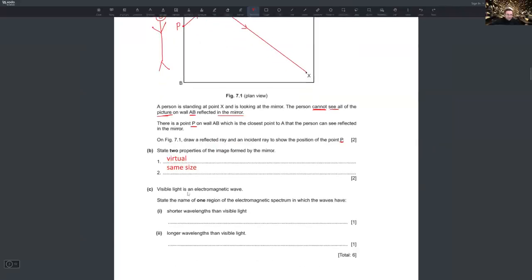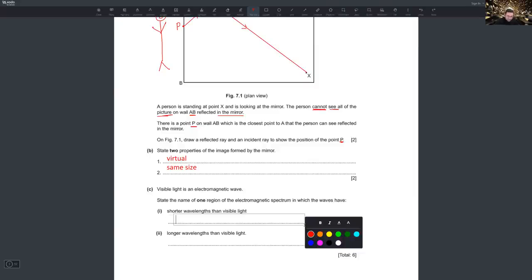Next. This is not a reflection question. This is from the spectrum from last time. So visible light is an electromagnetic wave. State the name of one region of the spectrum in which the waves have shorter wavelengths than visible light, so less than violet in terms of wavelength.